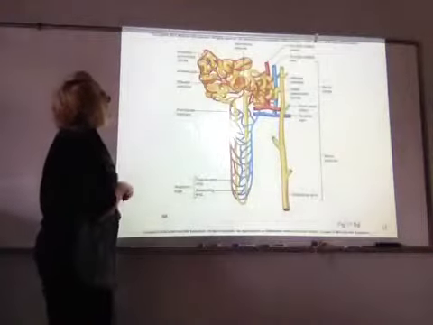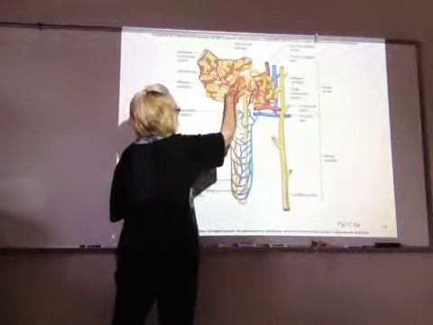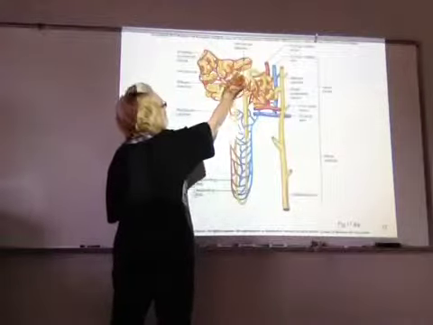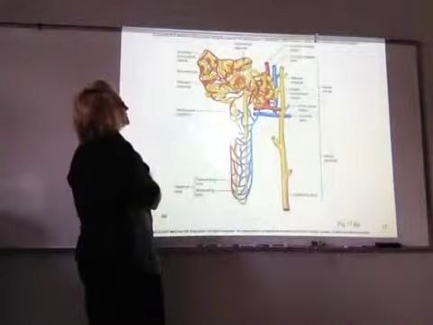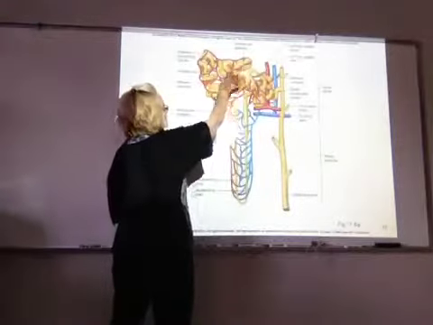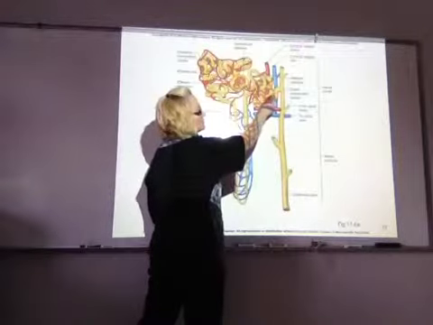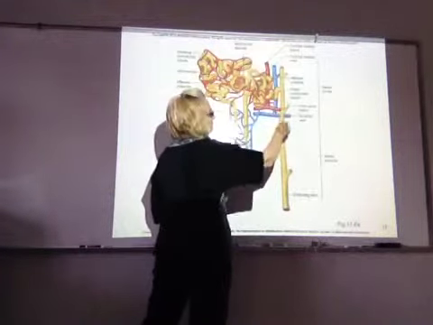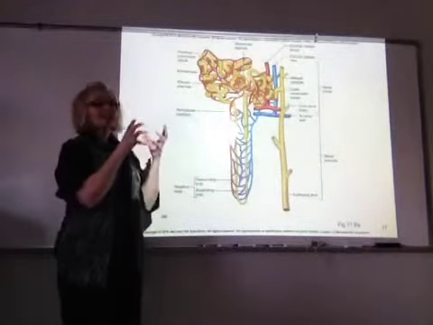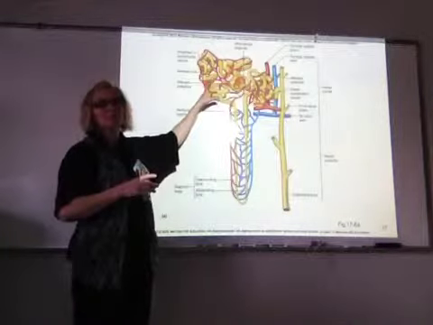This is going to be the larger collecting duct where things start to come together. This would be a glomerulus, so here's where your capillaries are surrounding a nephron. There are going to be proximal convoluted tubules close to this nephron, and then the distal convoluted tubule is just closer to this collecting duct. It almost looks like a messed up ball of yarn.